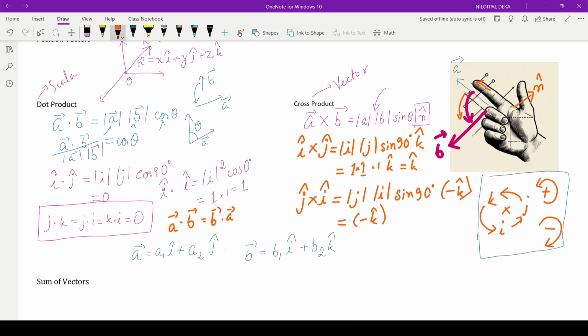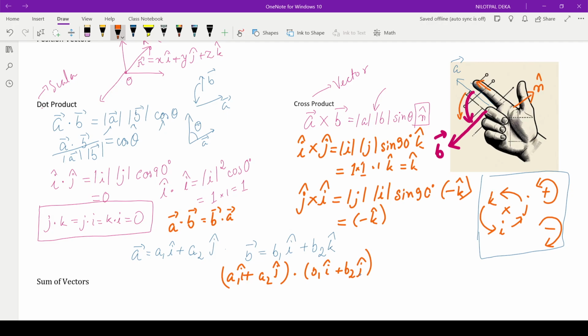I would simply put A1 i cap plus A2 j cap, dot B1 i cap plus B2 j cap. What I will do is that i dot i is 1, right?